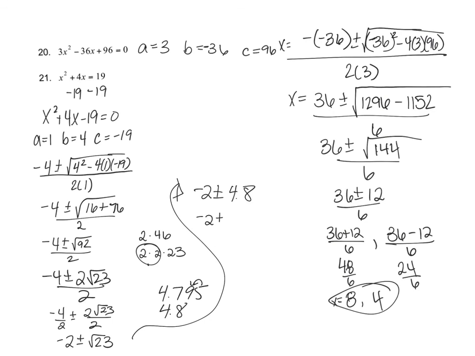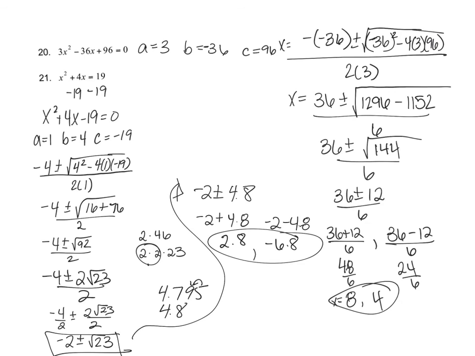So negative 2 plus 4.8 is 2.8. And negative 2 minus 4.8 is negative 6.8. So my two answers are 2.8 and negative 6.8 as decimal approximations. And the exact answer is actually negative 2 plus or minus the square root of 23.